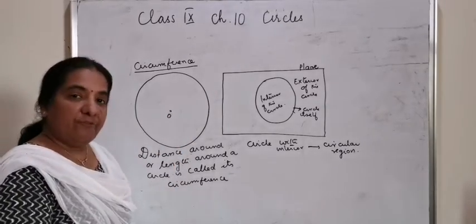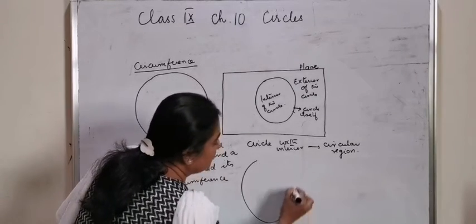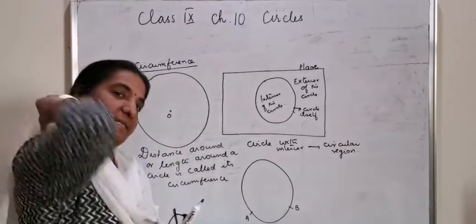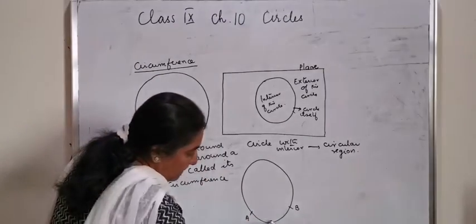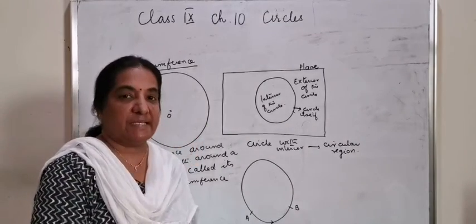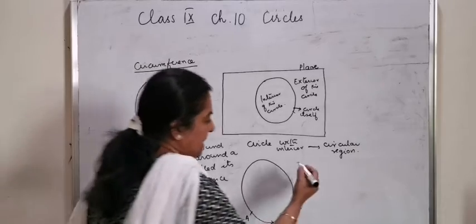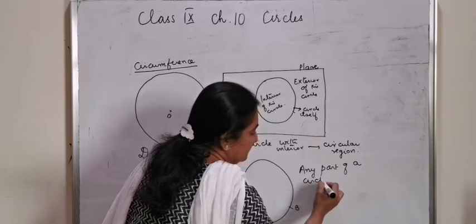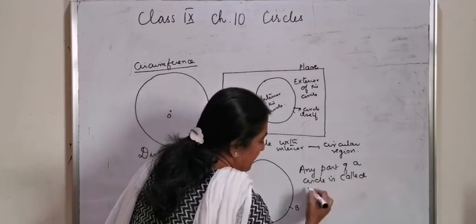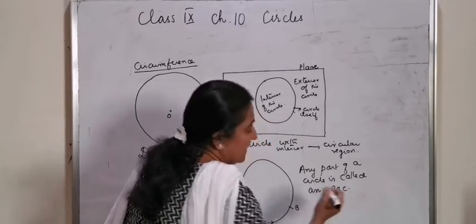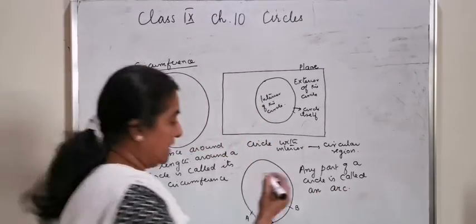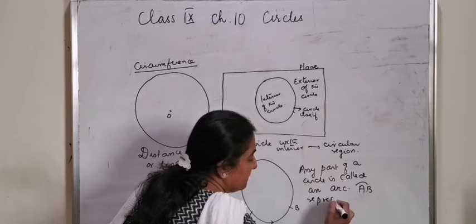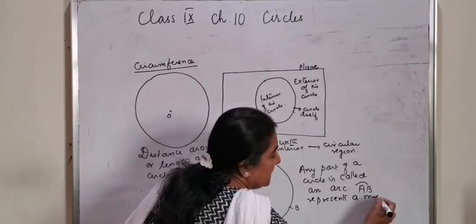And now, if you consider a part of this circumference and restrict that part to 2 points A and B, a part of a circle will represent an arc of a circle. Any part of a circle is called an arc, and in the figure, arc AB represents a minor arc.